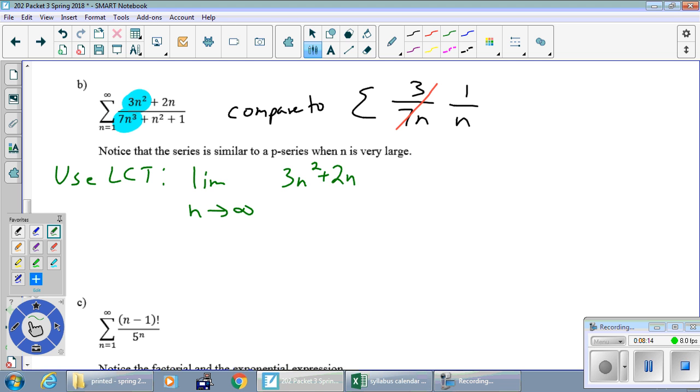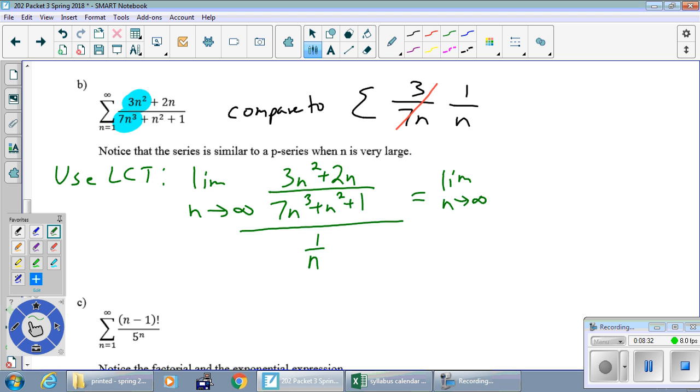So arbitrarily, I will choose to put this one first, or on top, I should say. And then divided by the other series, the series that we pulled out of a hat, 1 over n. And we need to figure out what this limit is. The options are not 0, not infinity, or 0, infinity. And so we just have to figure out which this is.